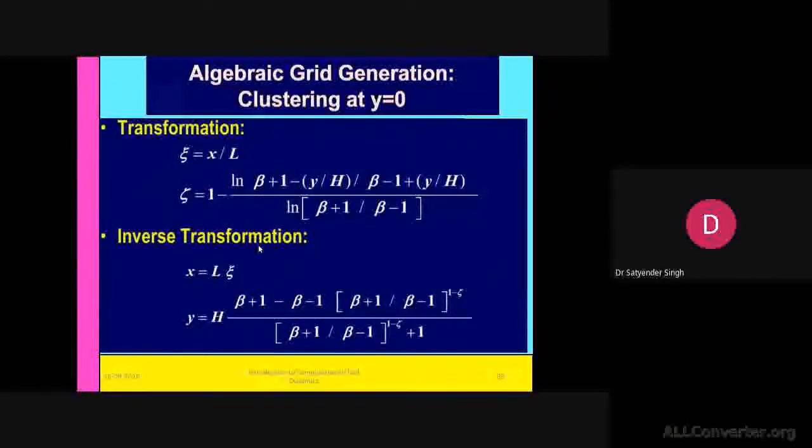So transformation and inverse transformation have also been created with a tuning factor beta for clustering purposes. Earlier we discussed flow over a flat plate, where clustering is required and a fine grid structure is required near the wall. Those are the equations which are derived.